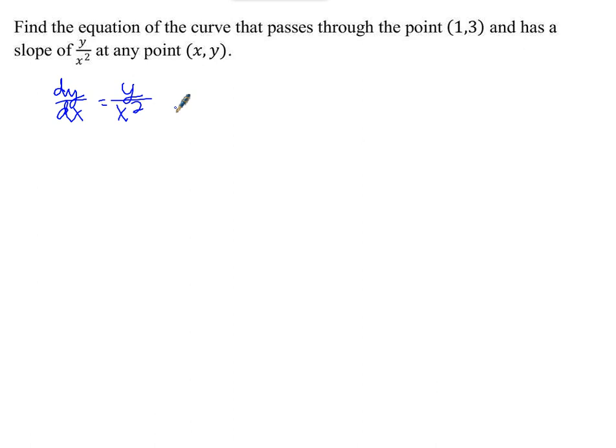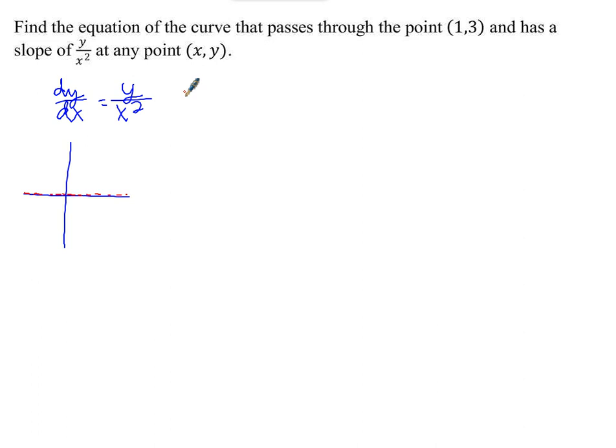Before we do that, is there a trivial solution? Yes, there is. If y is equal to 0, then you wind up with a slope of 0. So there is a trivial solution here. Not only that, there's something else we need to see. If x is 0, there's a vertical asymptote. If I just draw in a little sketch here, we have a trivial solution, y equals 0, basically like a horizontal asymptote there.